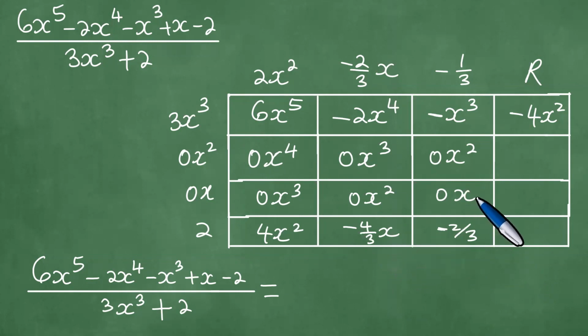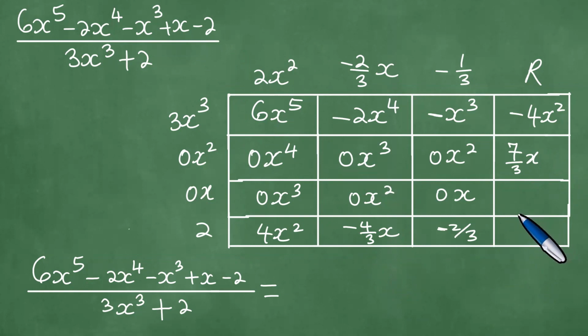If we want to get an x, what can we add to this? We can only add a 7 over 3x. So we get here a 7 over 3x. That 7 minus 4 is exactly 3 over 3, which is exactly an x. Okay, so we're good.